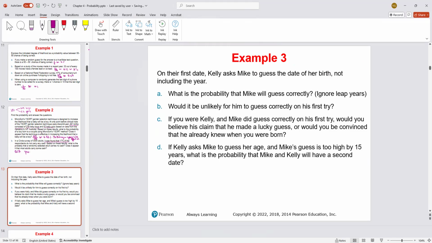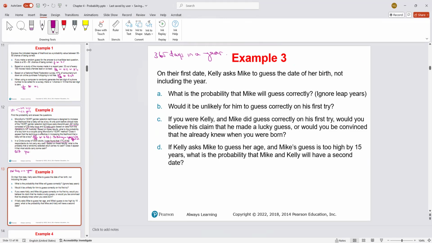The first thing to remember is the number of days in a year. In a year, there are 365 days, right? Now, how many days in a year might Kelly be born?